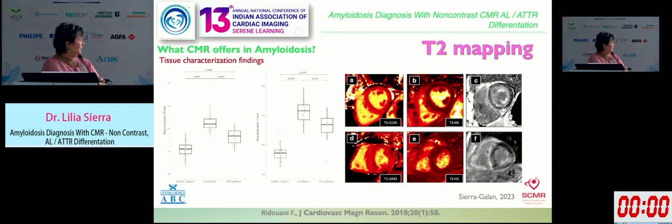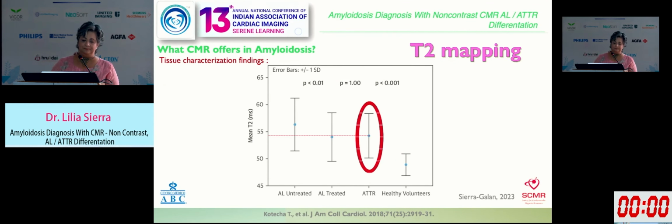If we look at the lower and upper limits for each one, there could be some degree of overlapping, so we can make mistakes in making the diagnosis specifically for AL or ATTR. There is not such a big difference between AL and ATTR, and the error bars are frankly almost the same.